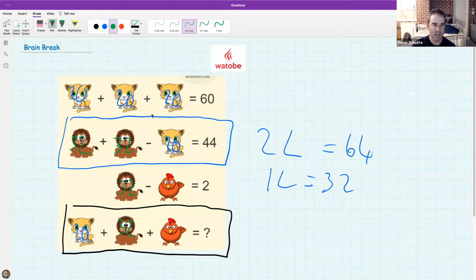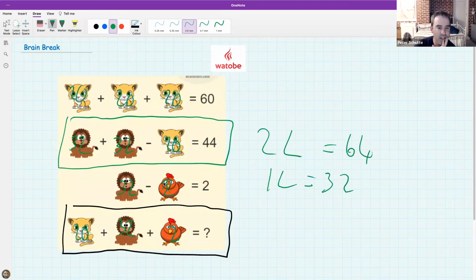So if that's 32, a little chicken is going to be 2. And so the final answer is going to be 20 plus 32, which is 52. Oh, I get something different, yeah. Who's got the final answer? The chicken can't be 2. Oh, you're right. I'm being a bit silly.